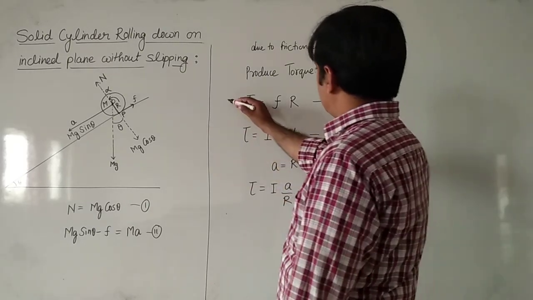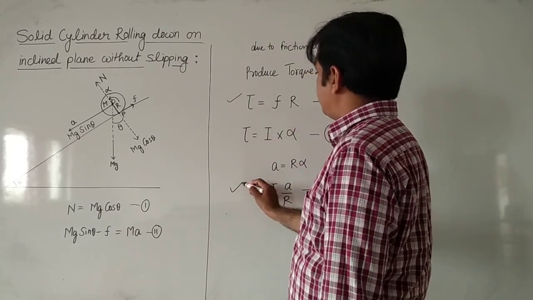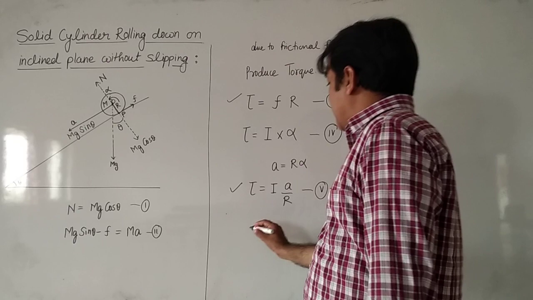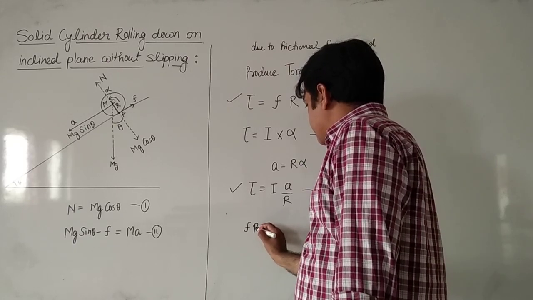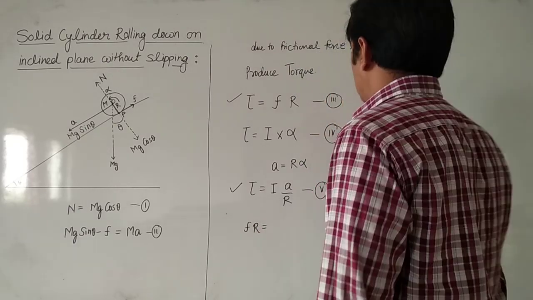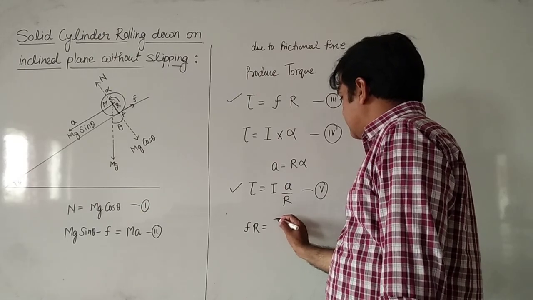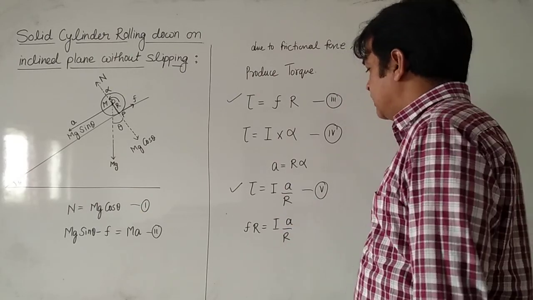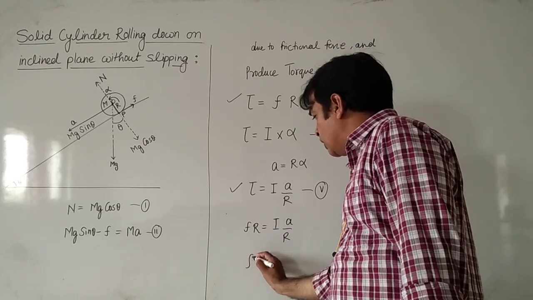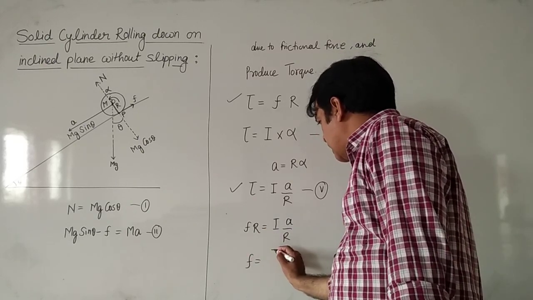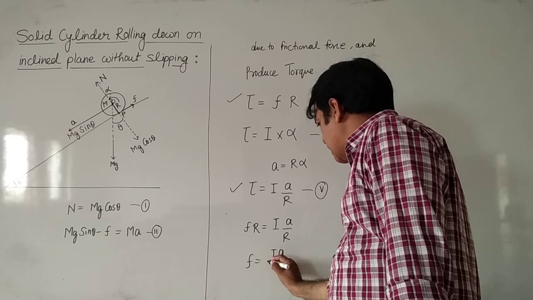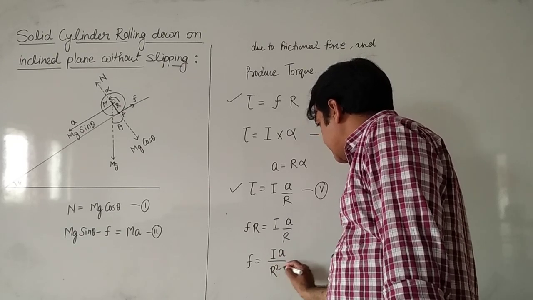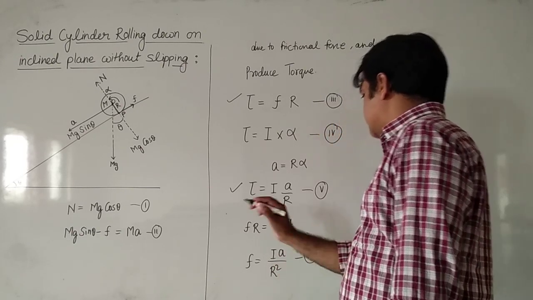So from equation third and equation fifth, F R equals I a upon R, and the value of friction F equals I a upon R square. Equation number 6.